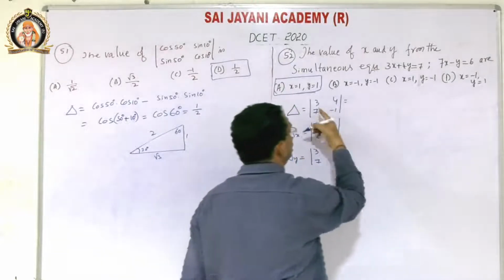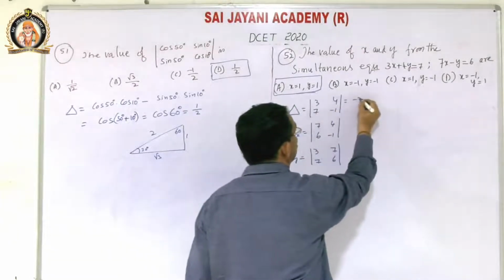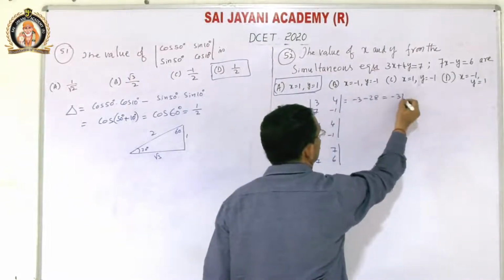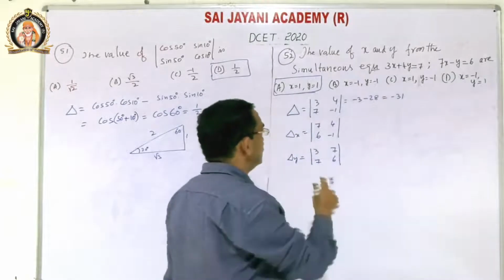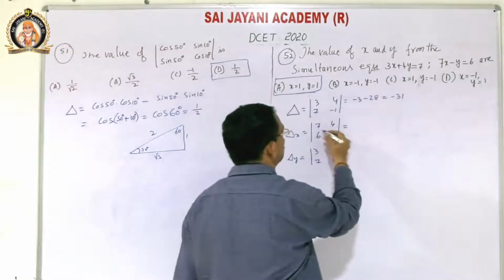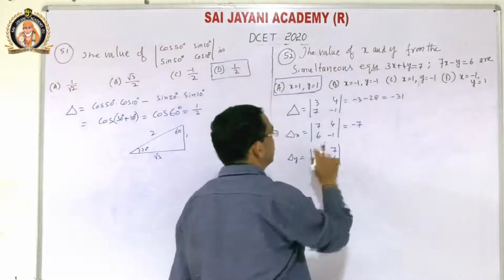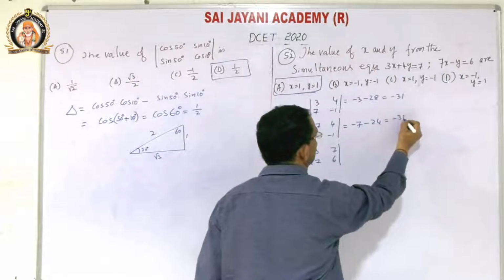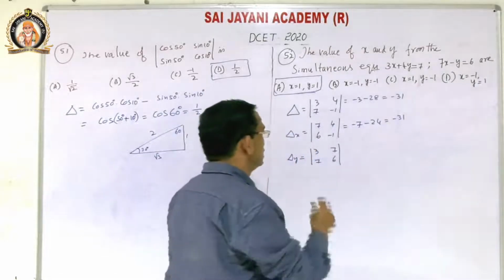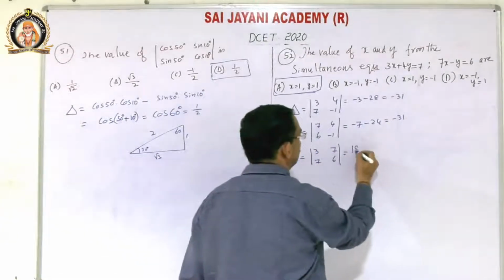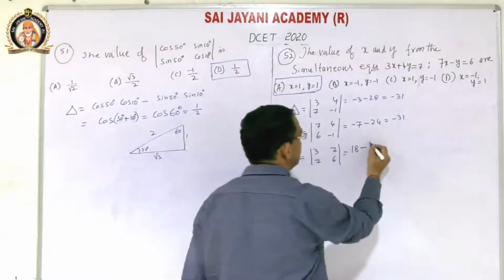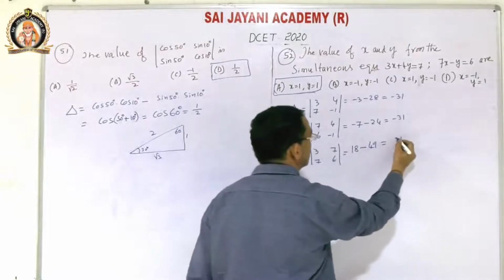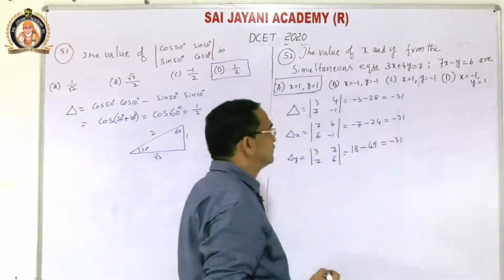Now by determinant, delta is 3 into minus 1 is minus 3, 7 into 4 is 28, that is minus 28, so we have minus 31. Delta x is 7 into minus 1 is minus 7, 6 into 4 is 24, that is minus 24, which is also minus 31. For delta y, 6 threes are 18 minus 7 sevens are 49, which gives minus 31.